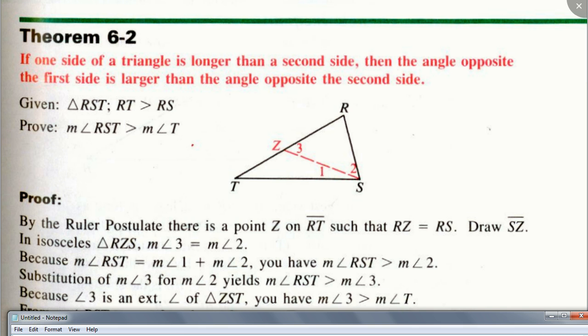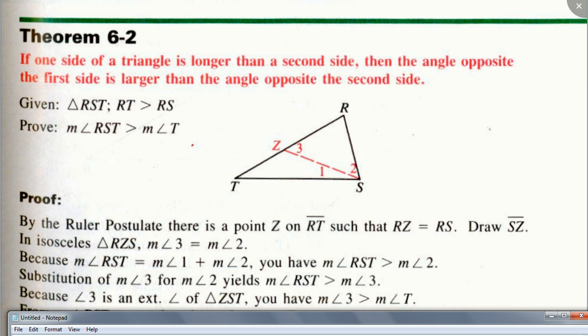So, if that's true, we're almost done. Anybody see what we could do afterwards here? If this is true, what can we say? Let me give you a hint. It says RST is greater than the measure of angle 3, and the measure of angle 3 is greater than angle T. What can you say?